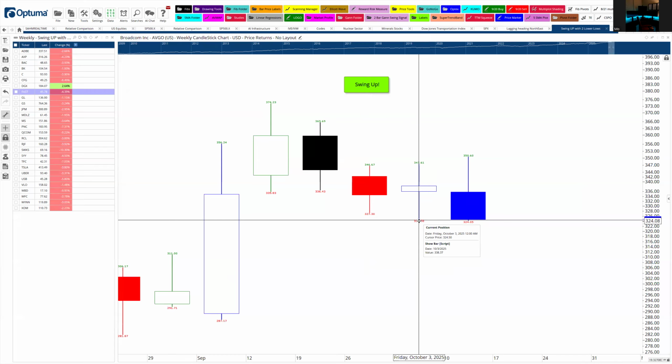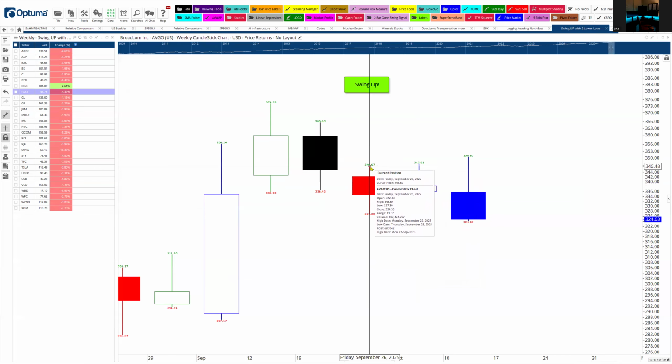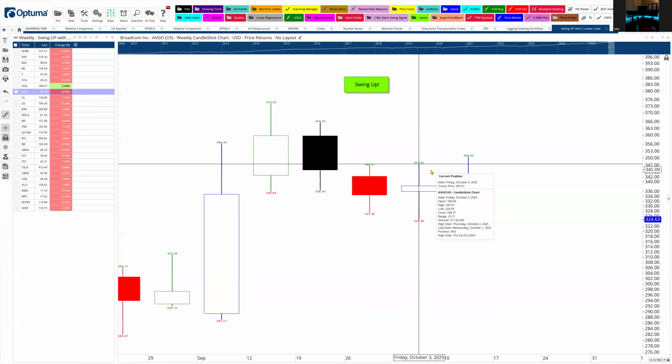So then we stayed in, and I was like, let's see if this bar will reverse and take out the 346.67 for the previous week high. So we set a target on this one right at the open at 345. So the market opens, Broadcom gapped up, right?